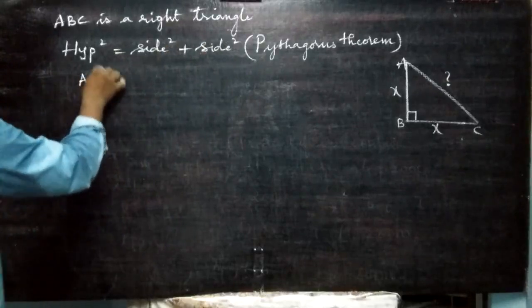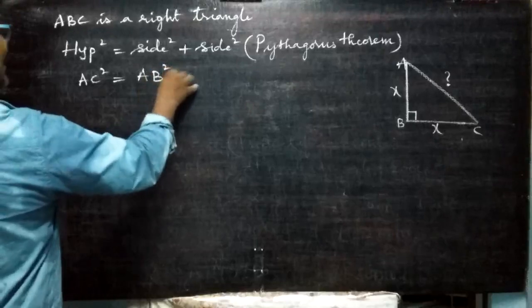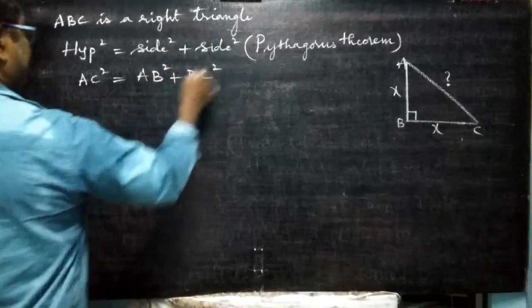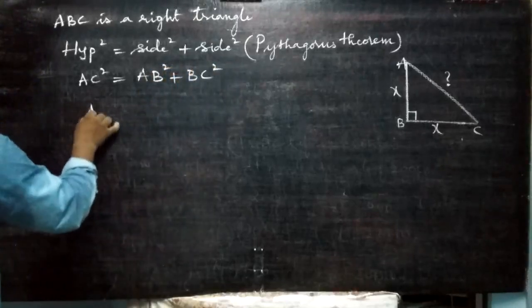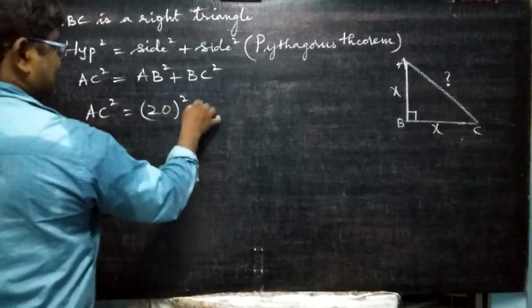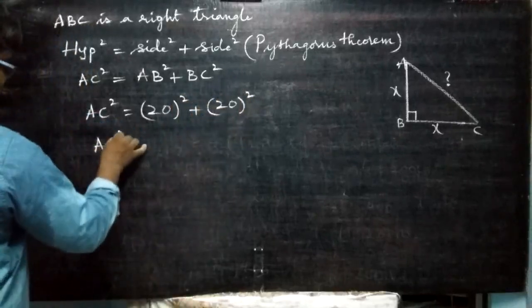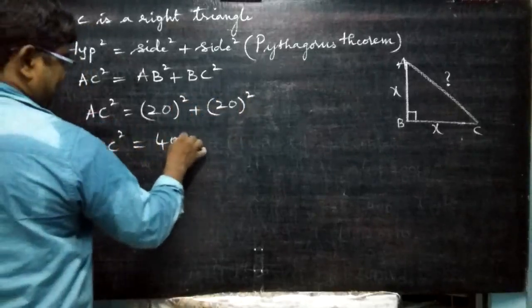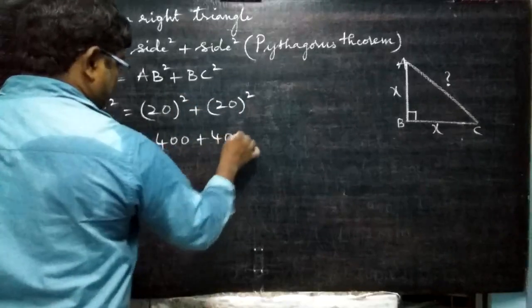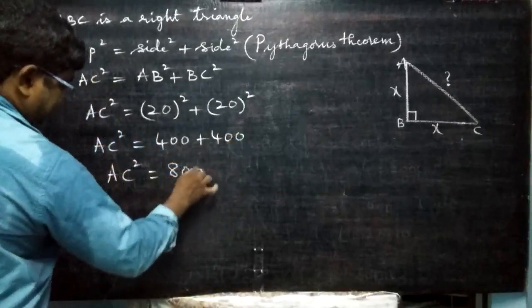Here AC square is equal to AB square plus BC square. We are finding that only. Hypotenuse square is equal to, we got 20, 20 square plus 20 square. Now, AC square is equal to 400 plus 400, 800. AC square is equal to 800.